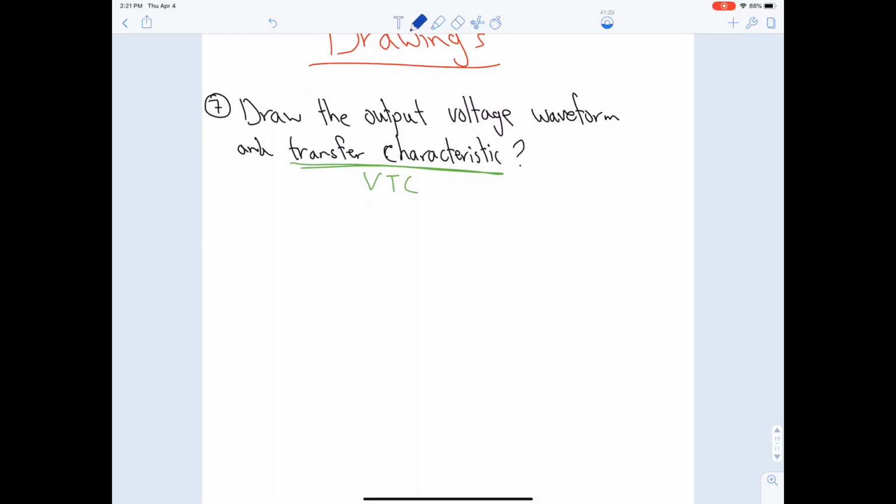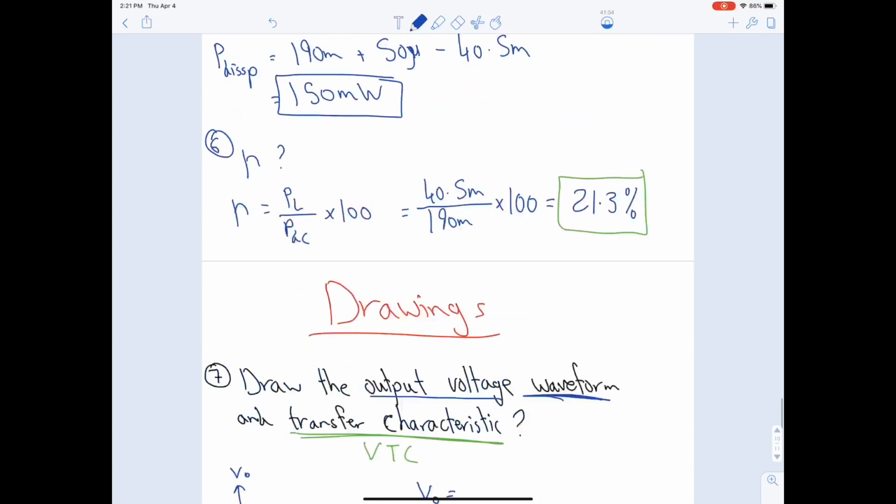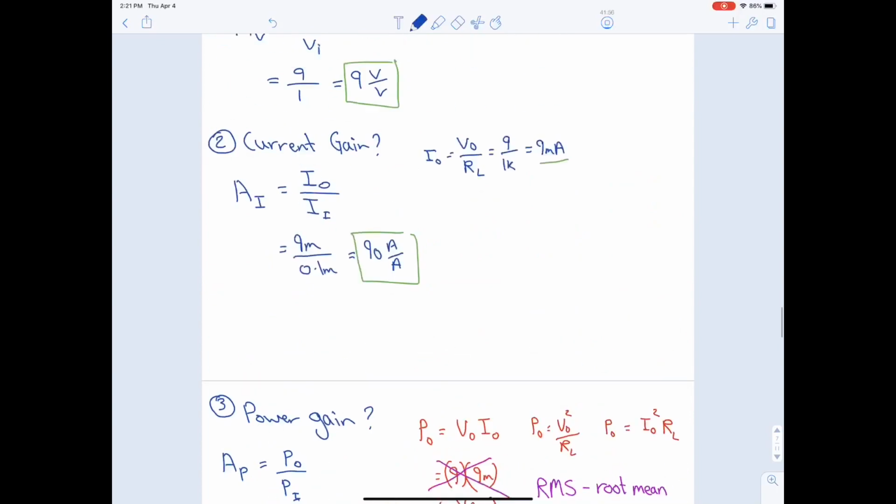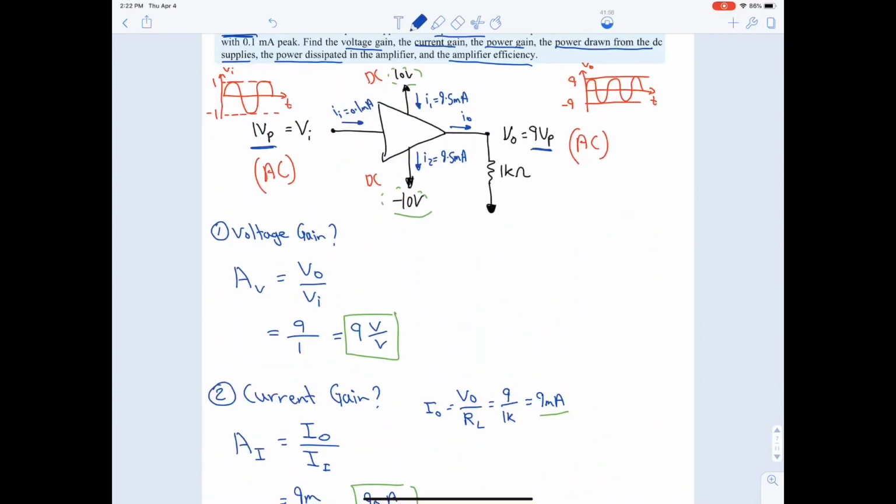Okay, let's start. Now in order to draw the waveform, we said it's V output, because he asked for the output voltage with respect to time. In order to draw the waveform, you need V output. What is V output? We computed V output to be, if I remember correctly, 9 volt.